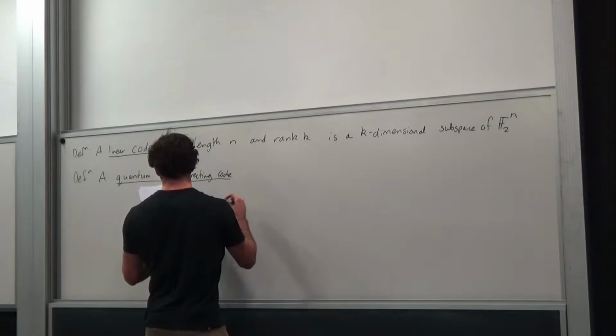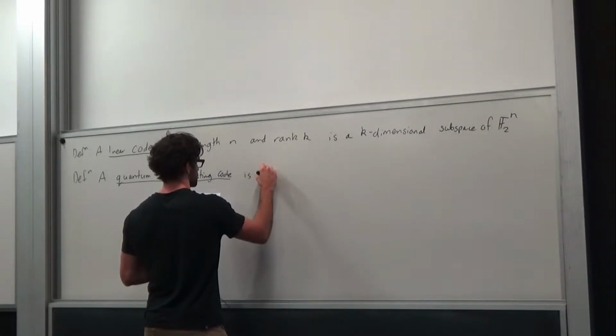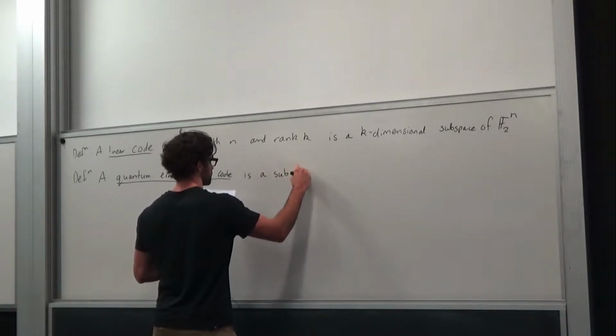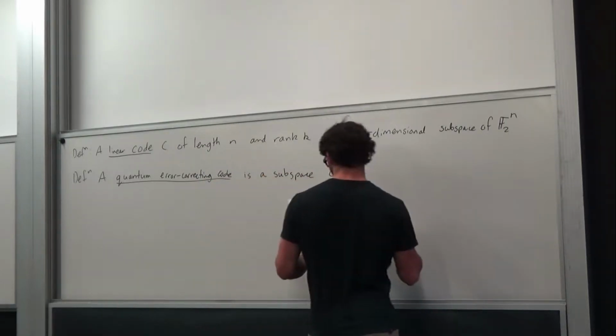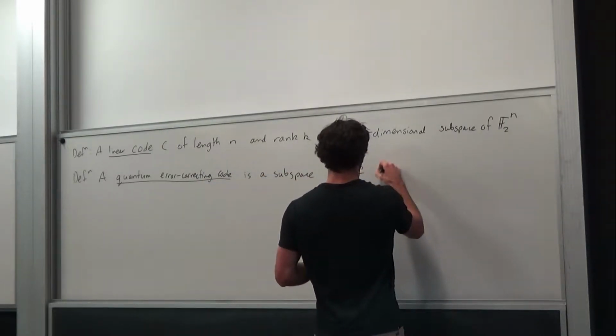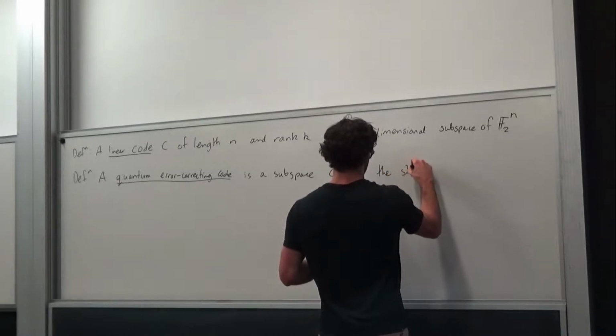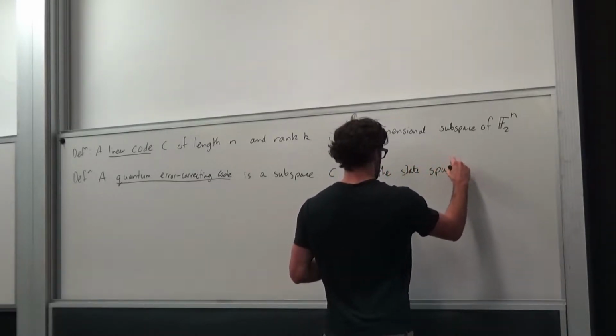So a quantum error correcting code is a subspace C of the state space, which is a Hilbert space. So the state space of a quantum system.